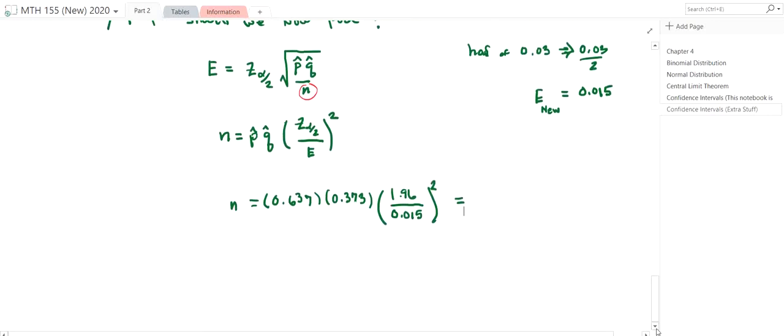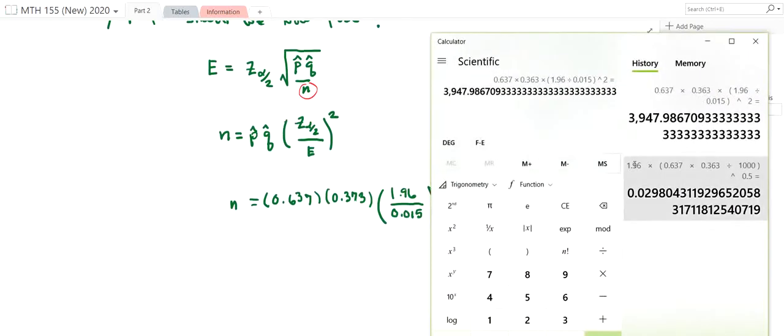and I have it placed into this calculator here. So I did it here. 0.637 times 0.363, not 373 actually, times 1.96 divided by 0.015 squared.